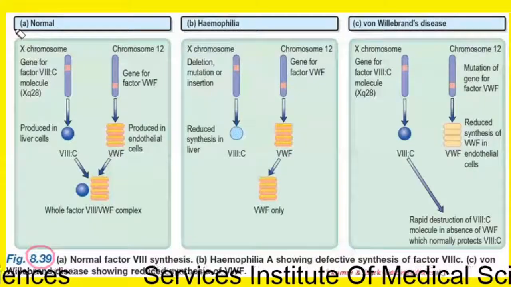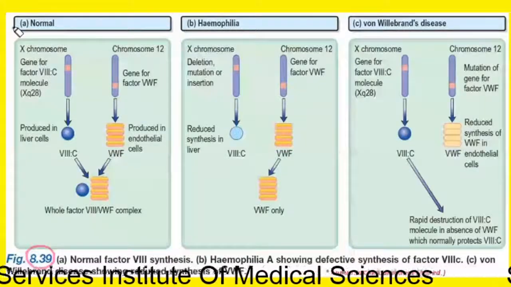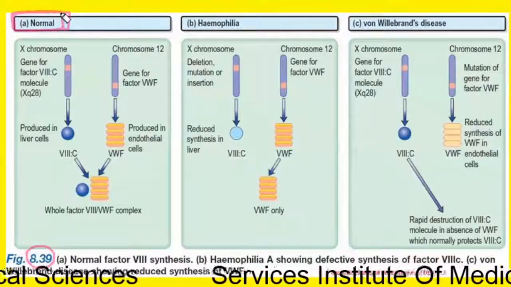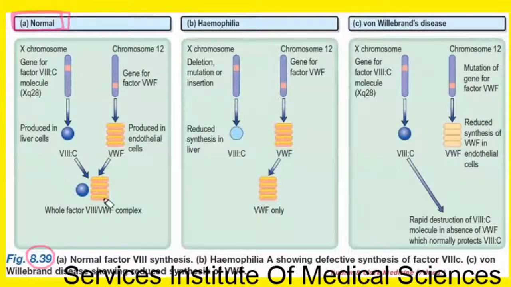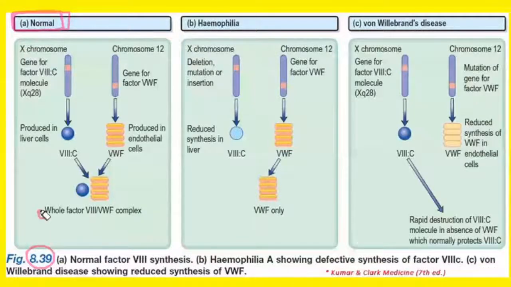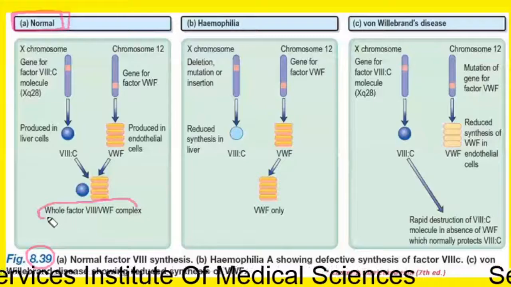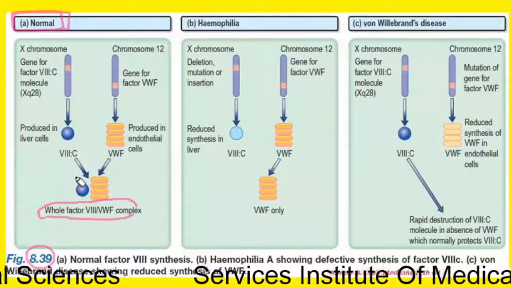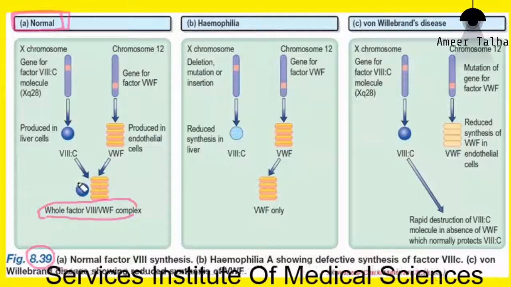Focus on the figure given on your left hand side, figure A, the normal. Here you can see how a normal factor 8 VWF complex looks. This is the normal structure of this complex. This is the component of factor 8.